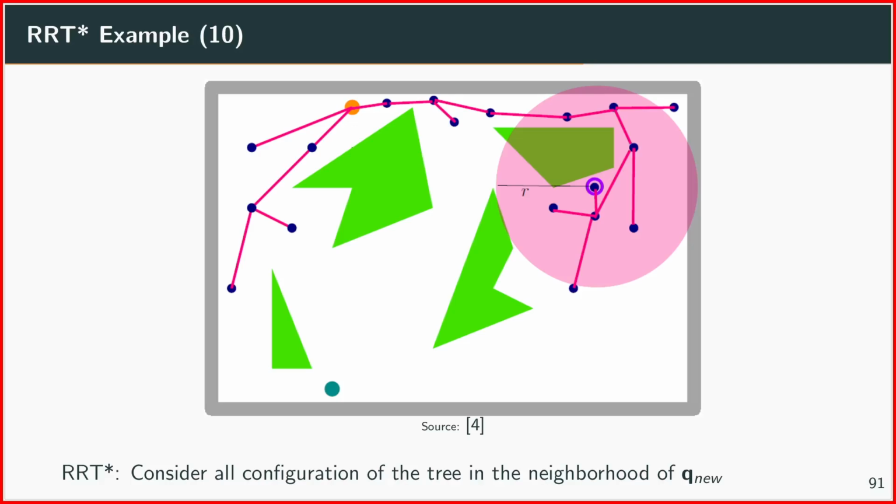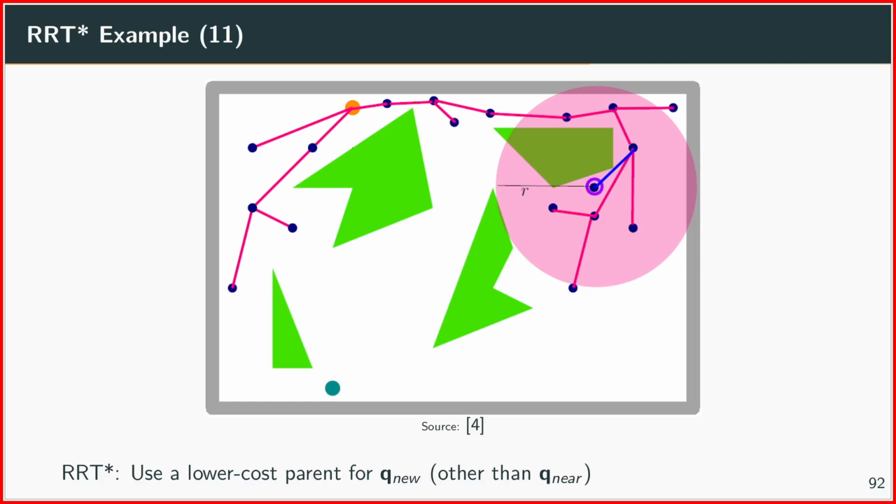And now we search for all the nearest configurations around it. And we check if there is one of the nodes from which, when you go from the start to this node, you get a smaller cost. And we find one here, where you have a shorter distance to reach than when you go from the nearest here. And so this is the first step of this rewiring operation, where you add an edge here and you don't add an edge here in this configuration.